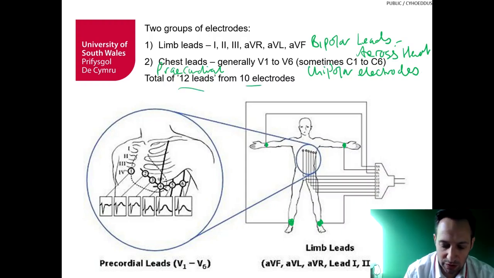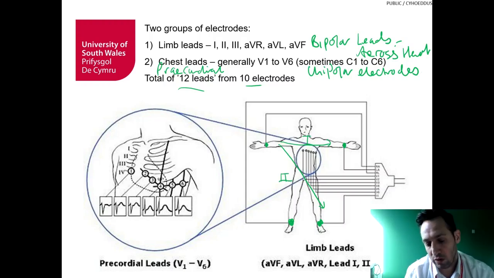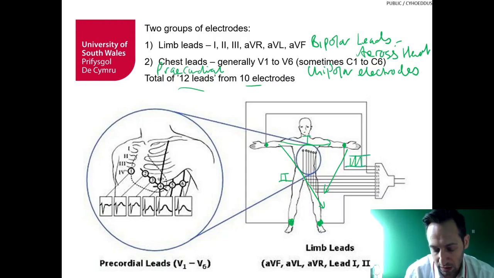And that's because we're generating these leads like this. So lead 1 goes from right arm to left arm, lead 2 from right arm down to left leg, and lead 3 from left arm to left leg.